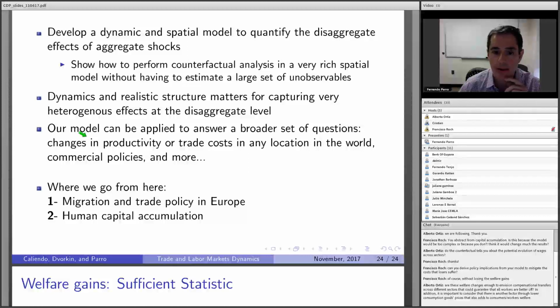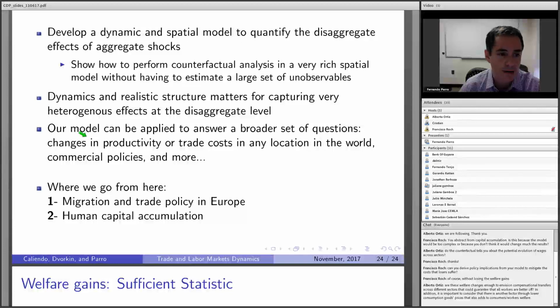And just to conclude, in this paper we develop a dynamic and spatial model to quantify the disaggregate effects of aggregate trade shocks. This paper has two contributions.